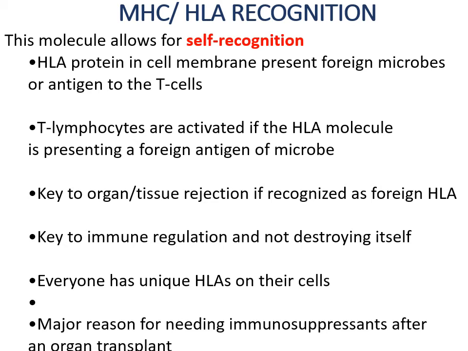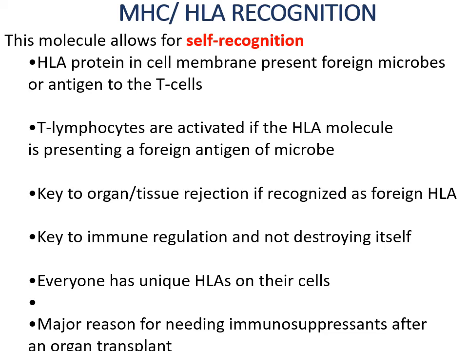Okay, and really this is the way that T cells recognize foreign invaders. This is also the way that T cells attack organs that have been transplanted, or tissue that's been transplanted, because the HLA antigens or proteins are different, and that's why we have to use long-term immunosuppressants to stop the T cells from invading organ transplants and destroying them.